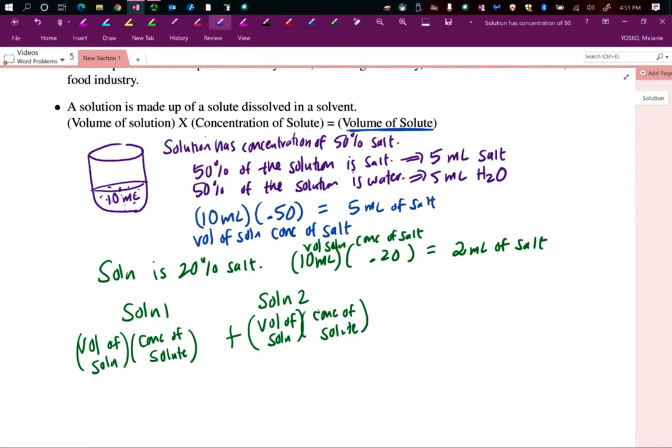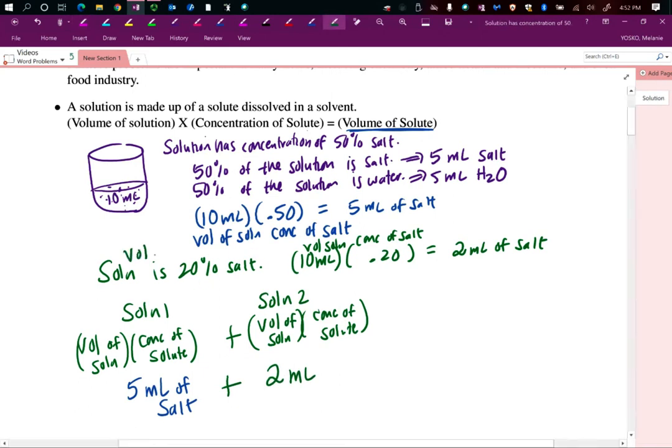Let's just use the numbers I had. Let's say my solute is salt, so what if I had 5 milliliters of salt from this calculation in solution 1, and then I add that to the 2 milliliters of salt, maybe this was solution 2. I didn't say it earlier, but I used the same volume, 10 milliliters, and the concentration of salt was 20%.